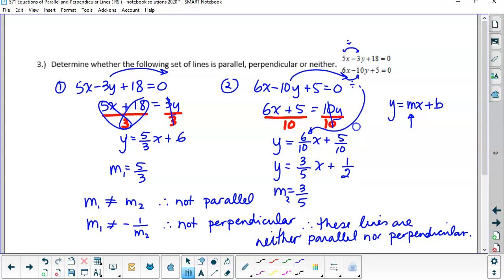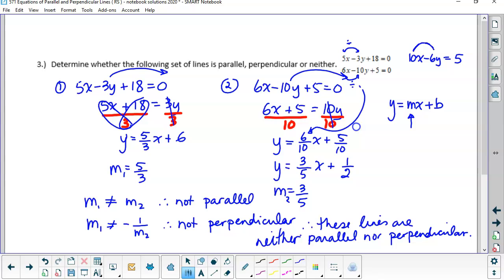And then think about it. If you're dividing the coefficient of x by the coefficient of y, and you end up having parallel lines, these coefficients of x have to be multiples of each other, as do the coefficients of y, and the same multiple. So say we had a different equation which was 10x minus 6y equals 5, something like that.